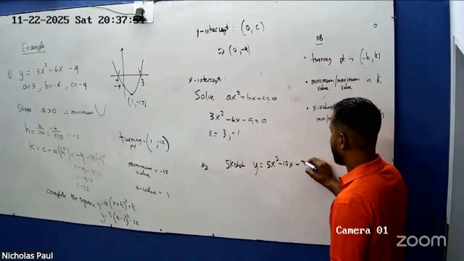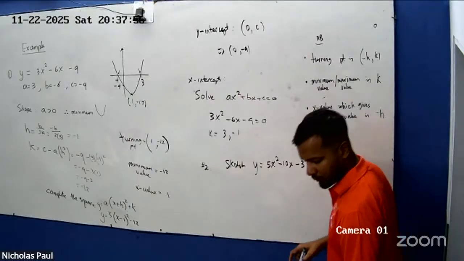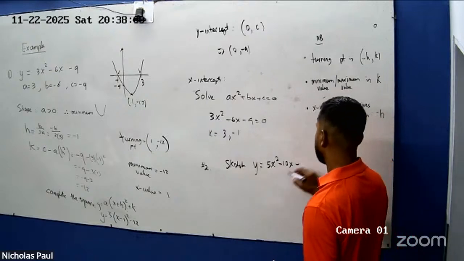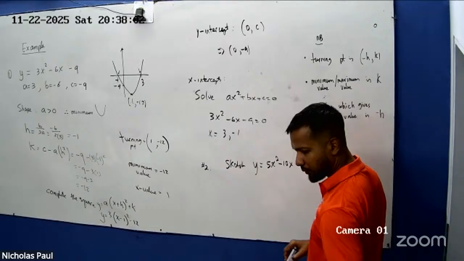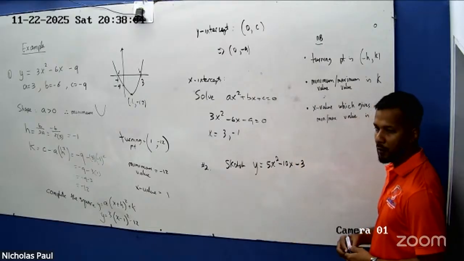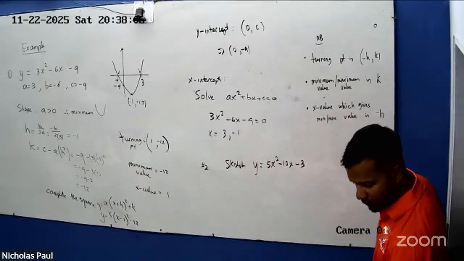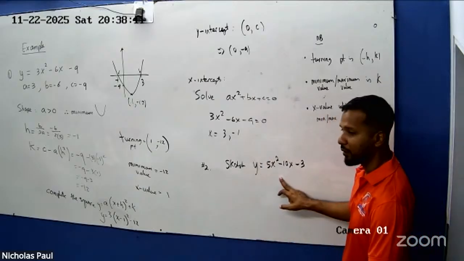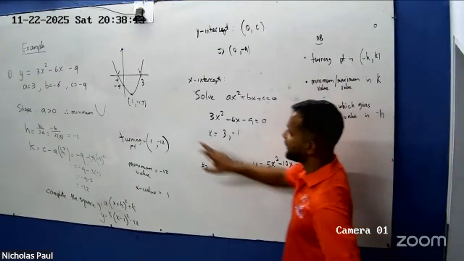Right? You wouldn't get whole numbers there, but I'm gonna give you something that you wouldn't get bad numbers. When I sketch, I want you to write it just like this, right?